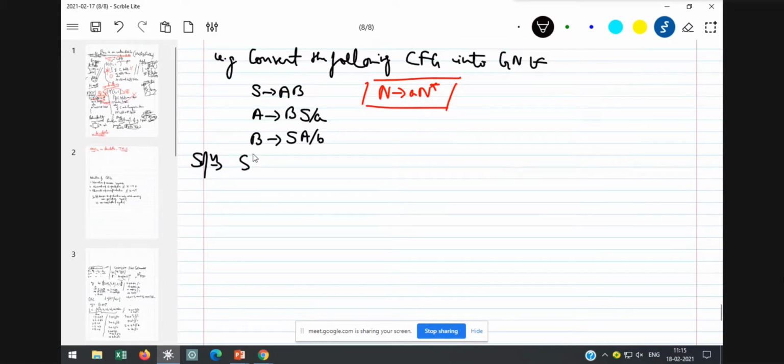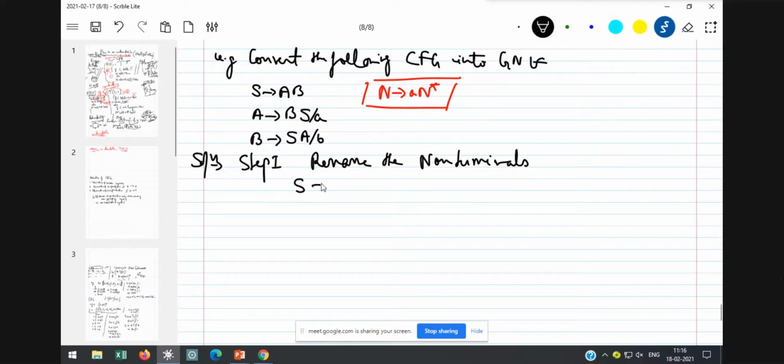There are many steps. So step number one, what we are going to do is rename the non-terminals. How to rename the non-terminals is up to you, whether you want to use A, B, or C, whatever.